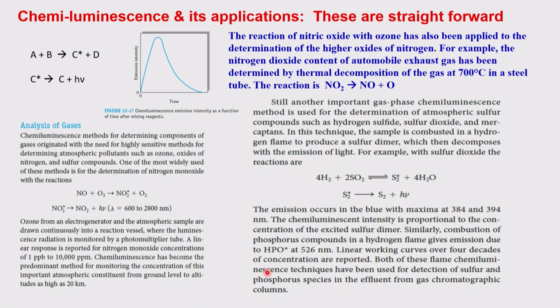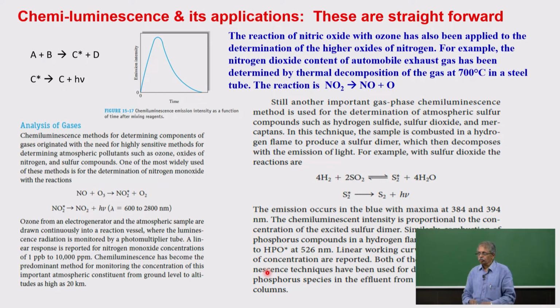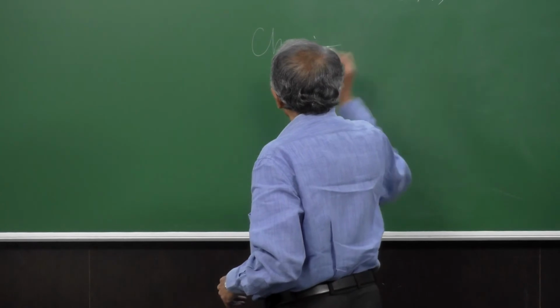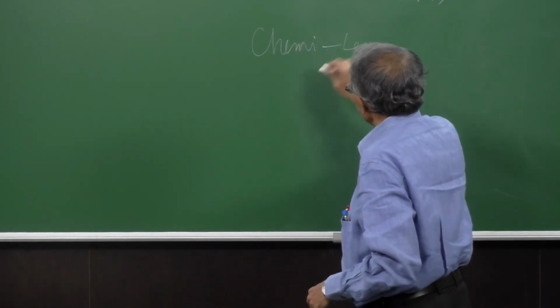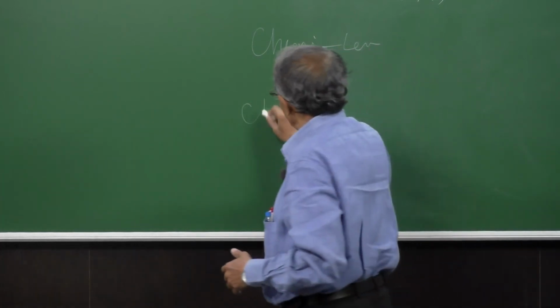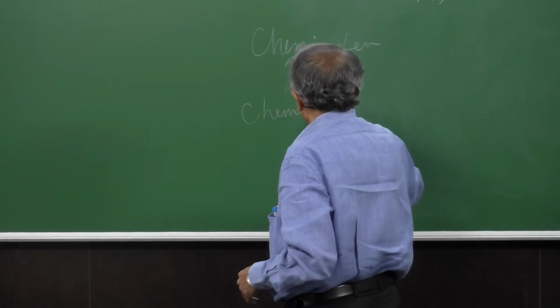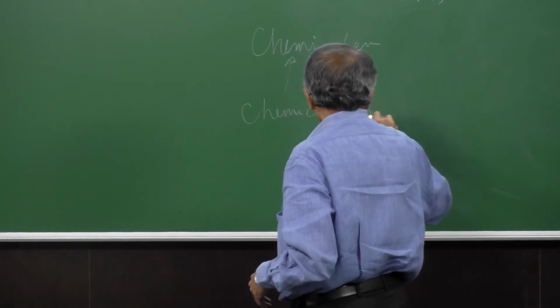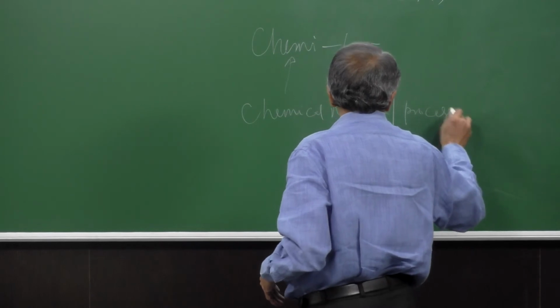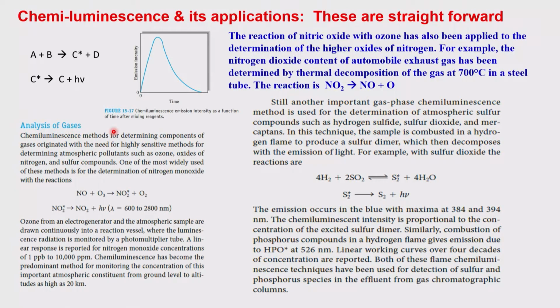Let me explain another arena where you can use analytical chemistry applications: chemiluminescence. In chemiluminescence there is no excitation. There is some chemical process, a chemical reaction occurring, and as a result of that, the excited state will give you emission.